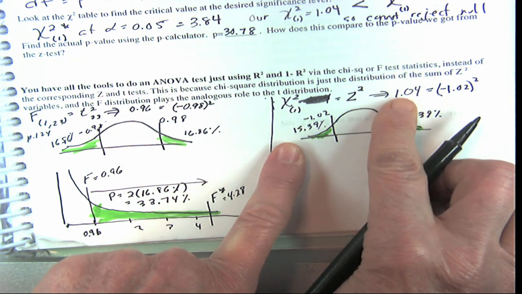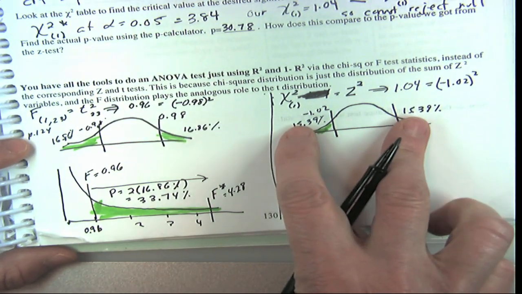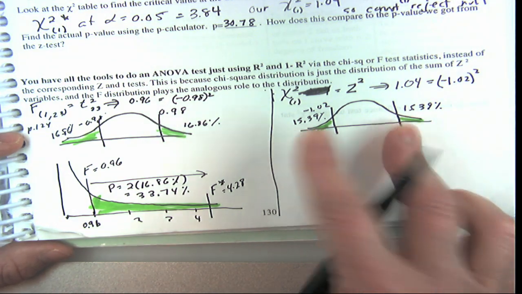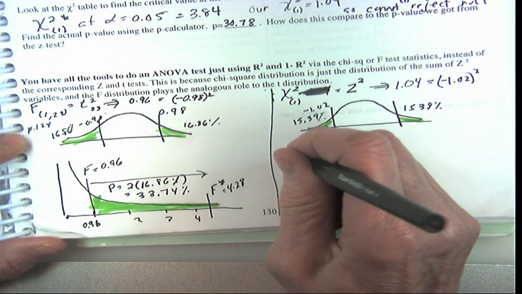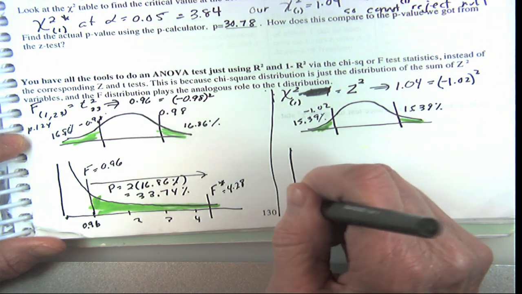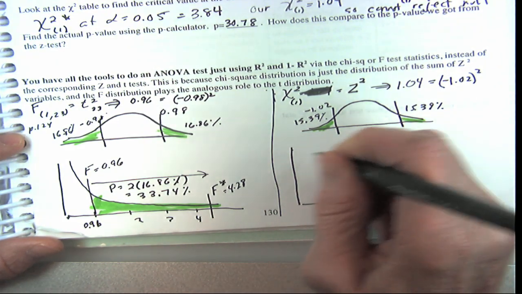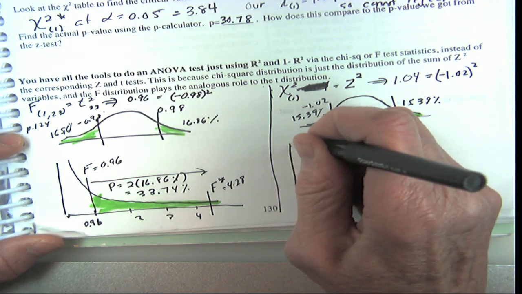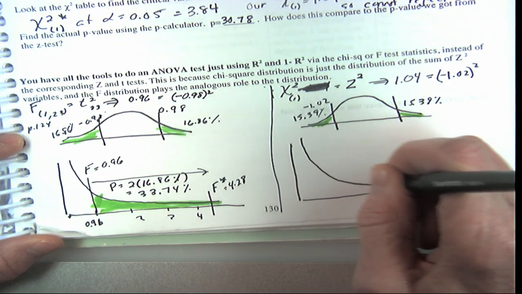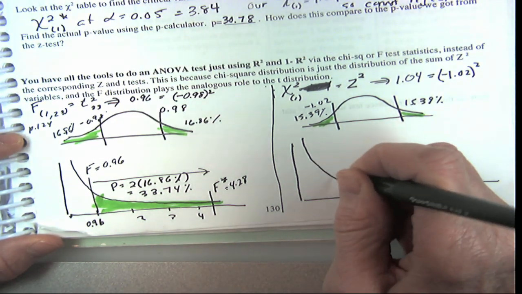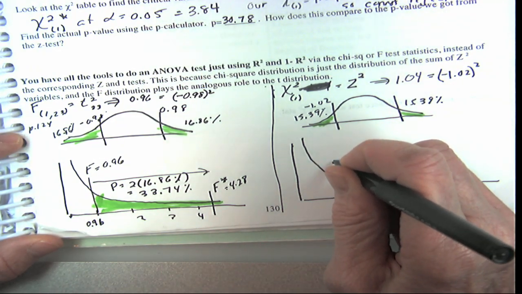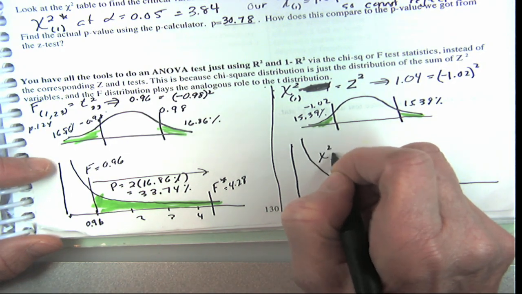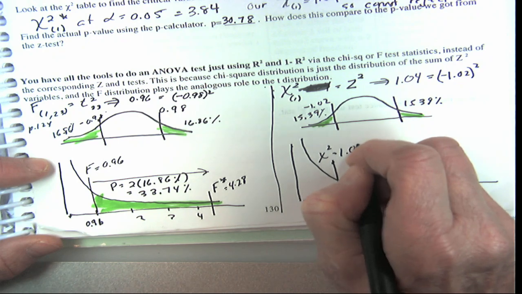When I square it, I get the chi-squared, and the p-value should be twice that. We got twice that, and that's right here. That's our chi-squared that we got, 1.04.